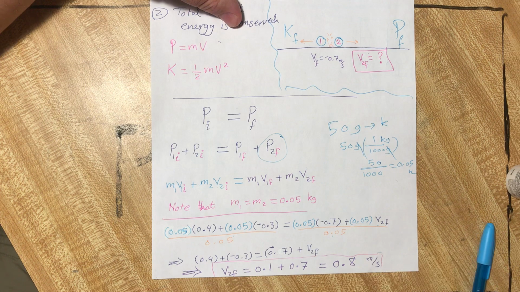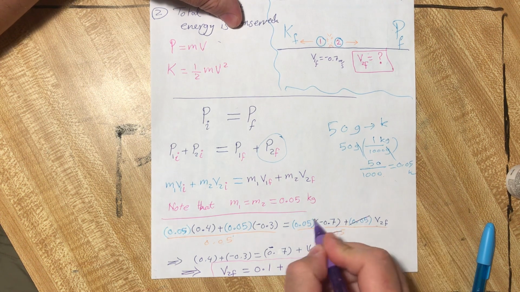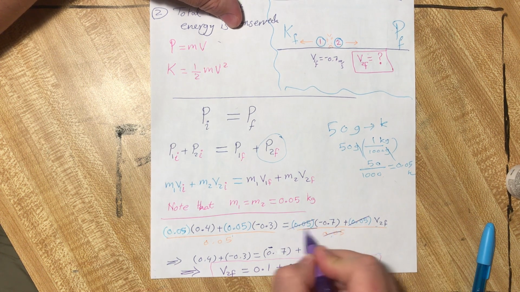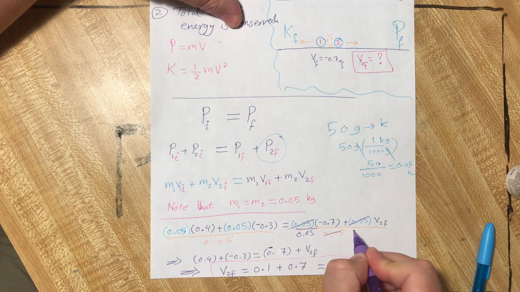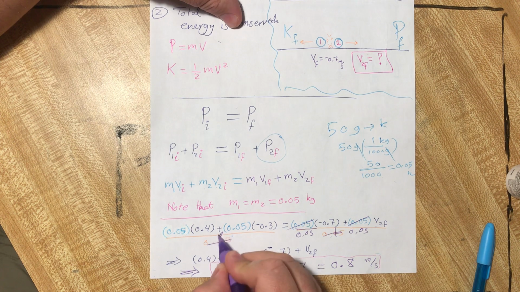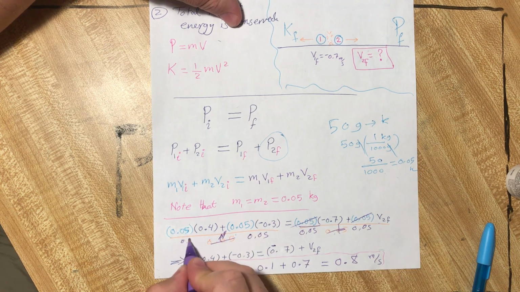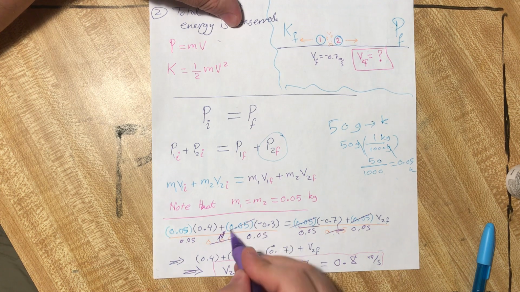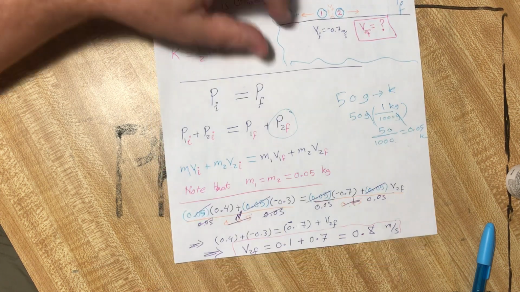It will be distributed like this: for each term we have 0.05. This will cancel with this, and this will cancel with this.